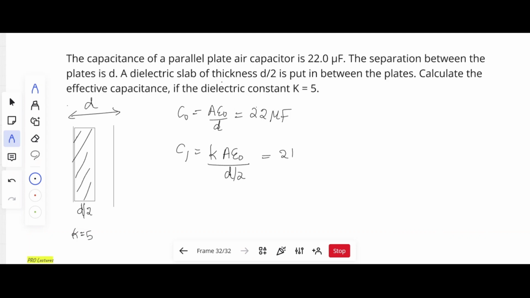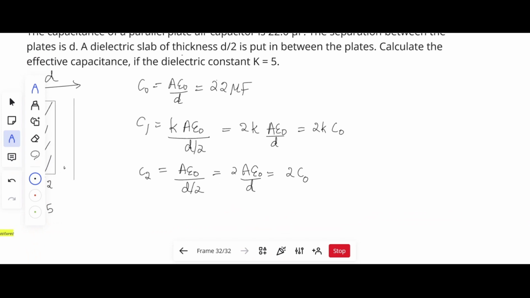So this is 2K A epsilon naught by d, which is 2K C naught. And the second part can be written as A epsilon naught by d by 2. Here the dielectric medium is vacuum again. So this can be written as 2 into A epsilon naught by d, which is 2 times C naught.